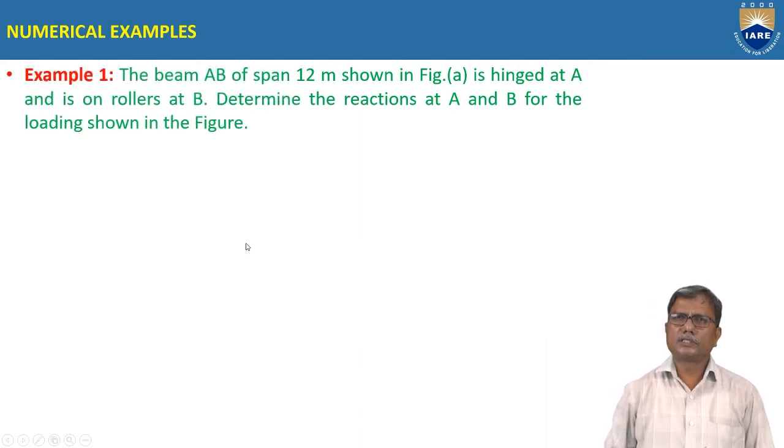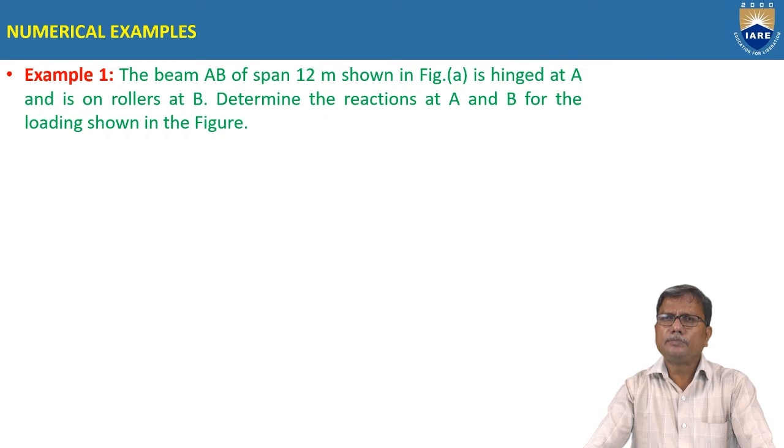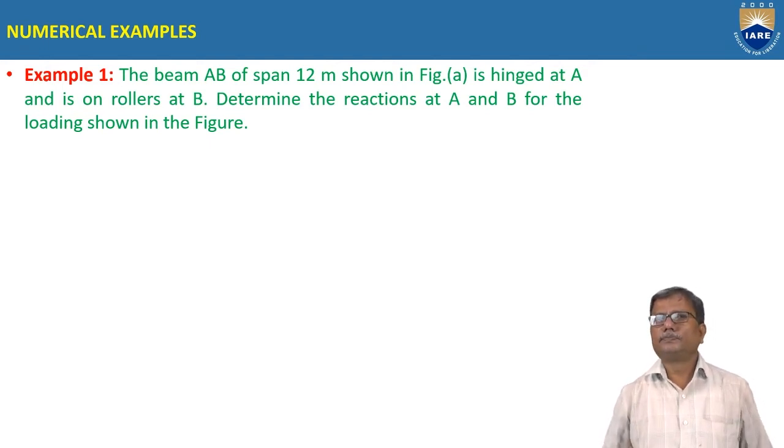First, consider example one here. The beam AB of span 12 meters is hinged at A and is on rollers at B. Determine the reactions at A and B for the loading given in the figure.